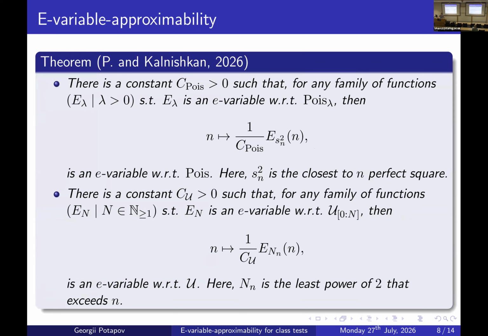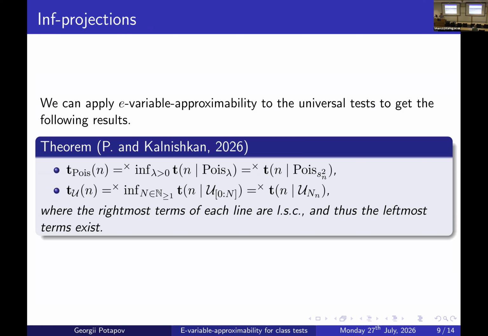And for E-variables, we can see that if you have an E-variable for each parameter, then we can use them to build together an E-variable for the corresponding composite hypothesis. The only bad thing about this construction is that it has some unknown, unspecified constants, but in algorithmic information theory this is not a big issue because everything is already defined up to some unspecified constant.